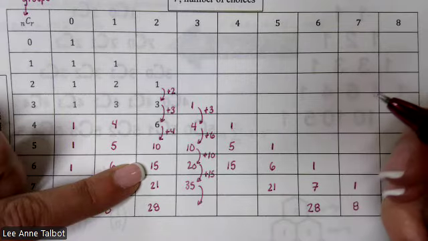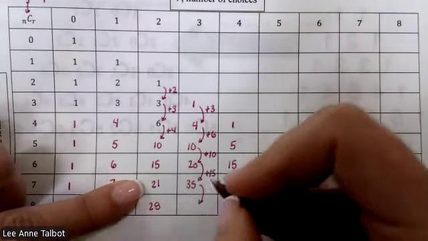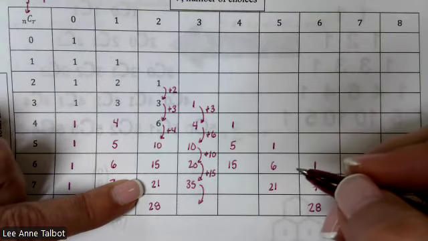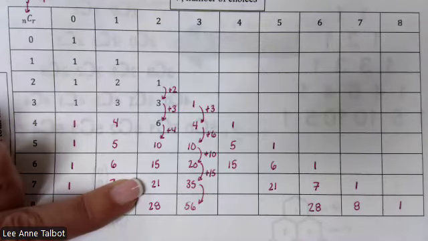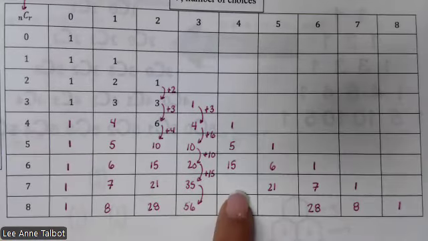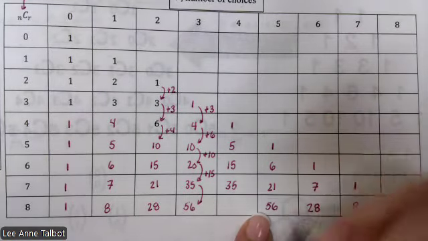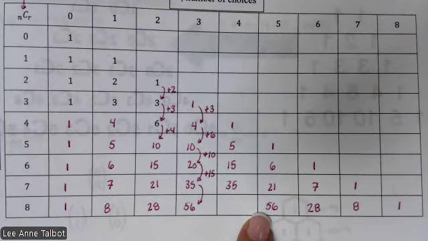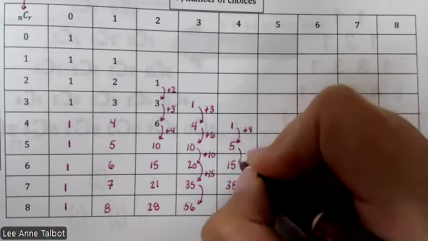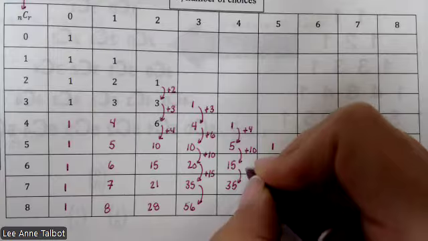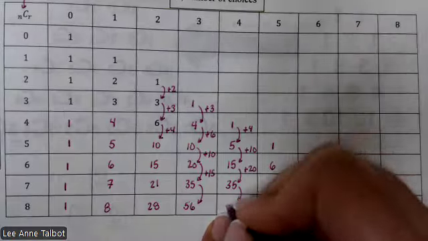And I'm going to teach you an easier way to do this in just a few minutes. What is 35 plus 21? 46? 56? Okay, so then we can say this box is 56. So what's the last one going to be? 70.